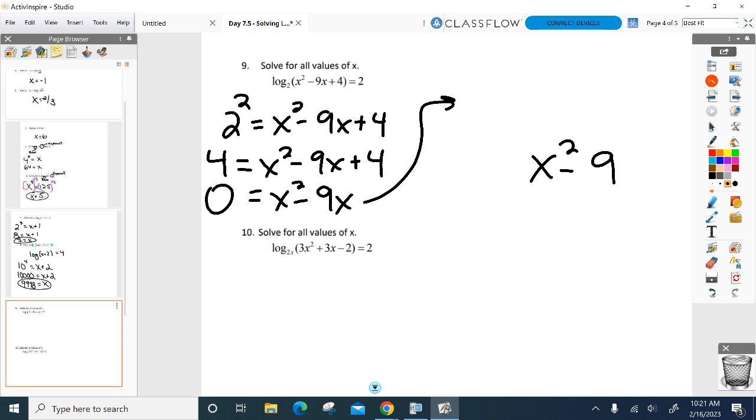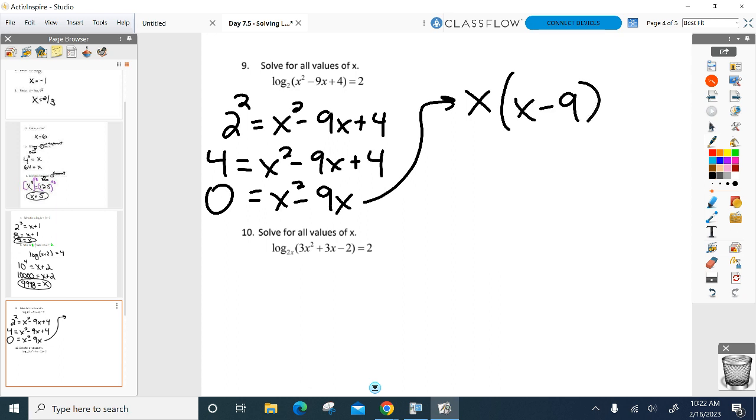Do you take out the x first? Take out a GCF. Yes. Take out a GCF. Everybody good? I can see why you would say difference of 2 perfect squares, but 9x is not a perfect square. It's x squared minus 9 that would be that. So what are you left with, Jake? I took out an x and I'm left with x and x minus 9. Good work.